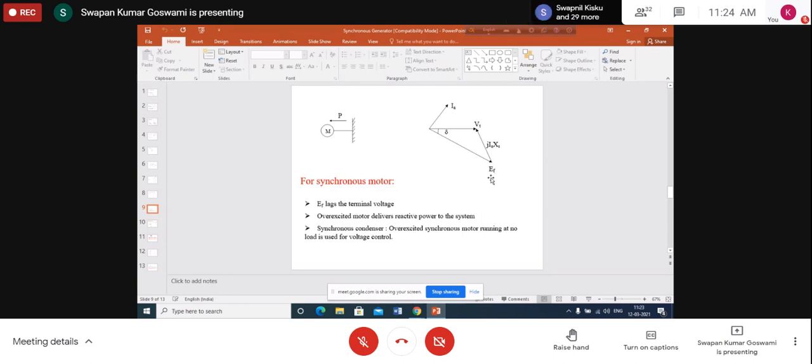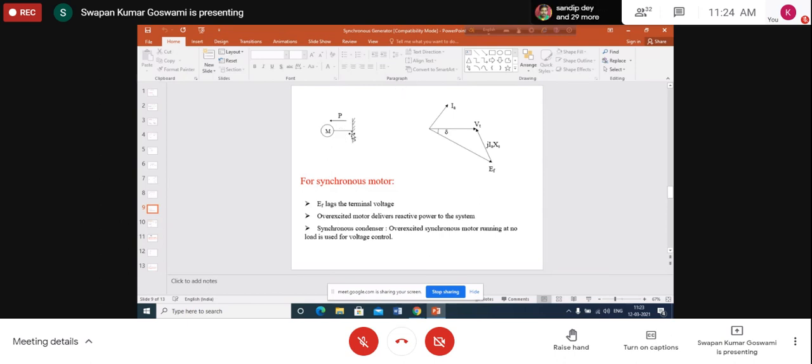Since this is overexcited and VT is leading EF, the power flow will be EF VT by XS sine delta. This was the expression for power flow, and it will be valid for this case also.